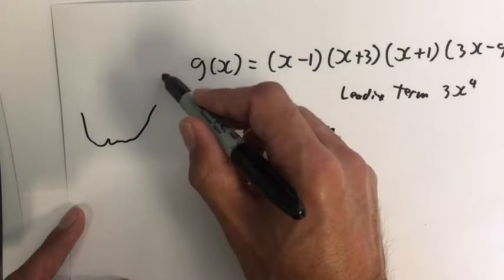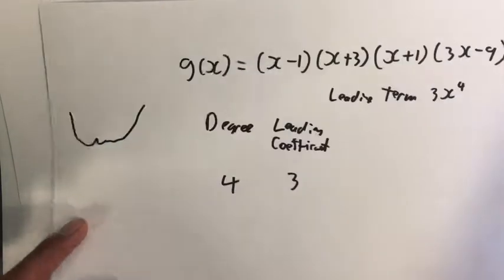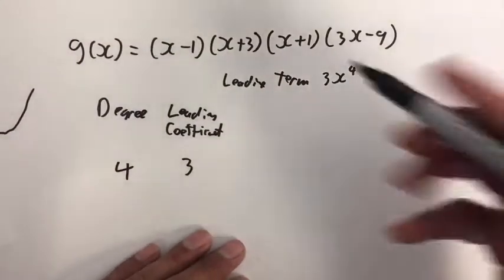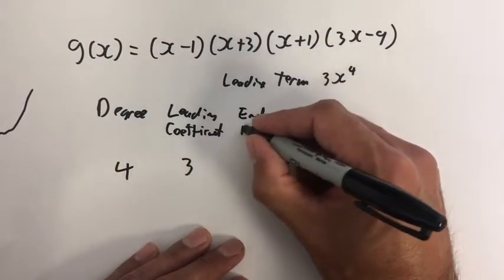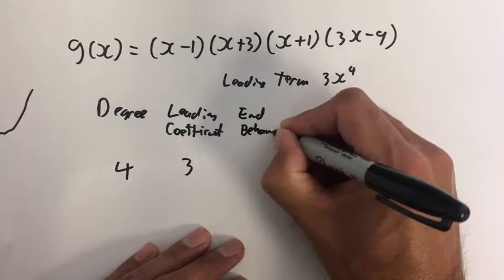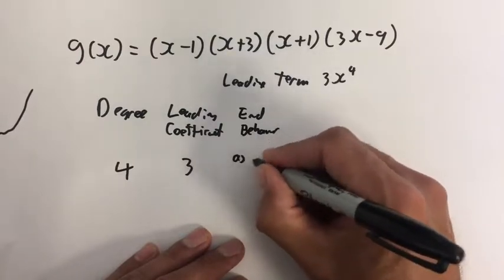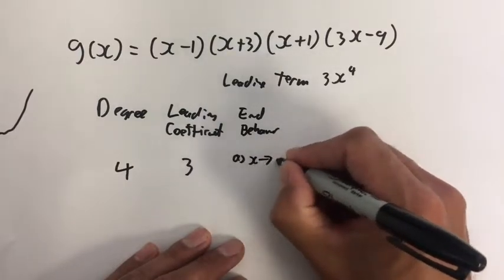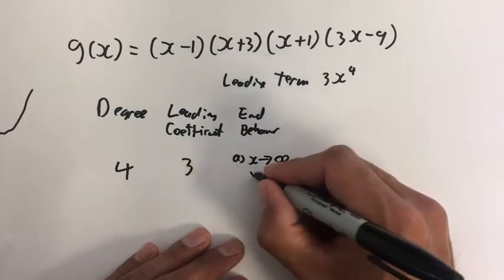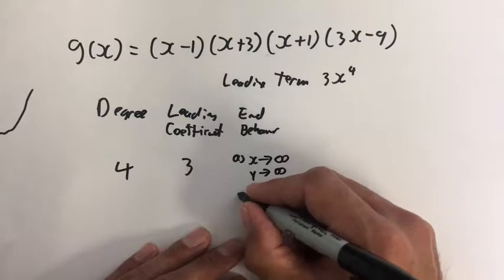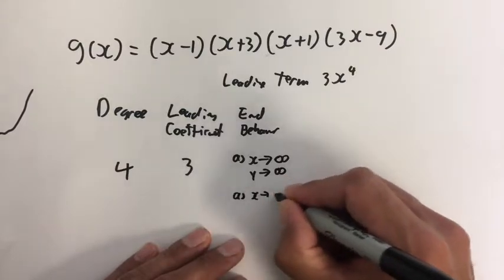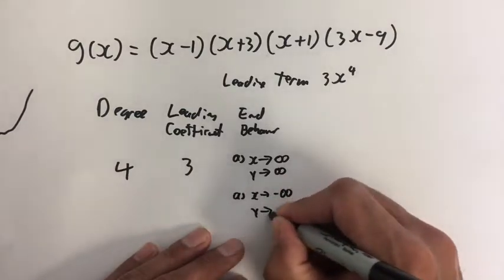If that was odd, it would go up one side and down the other. So my end behavior is as x approaches infinity, y approaches infinity, and as x approaches negative infinity, y also approaches infinity.